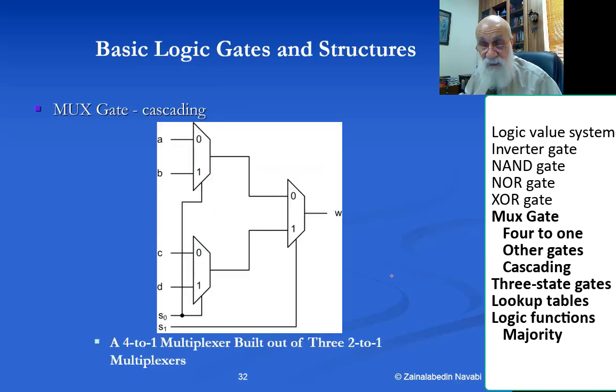This is just the structure I was showing, cascading the multiplexer. Cascading means you put lower level structures into upper level structures. That's not only for multiplexers.